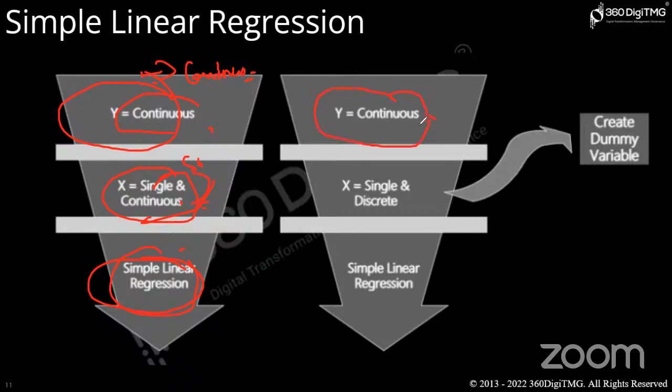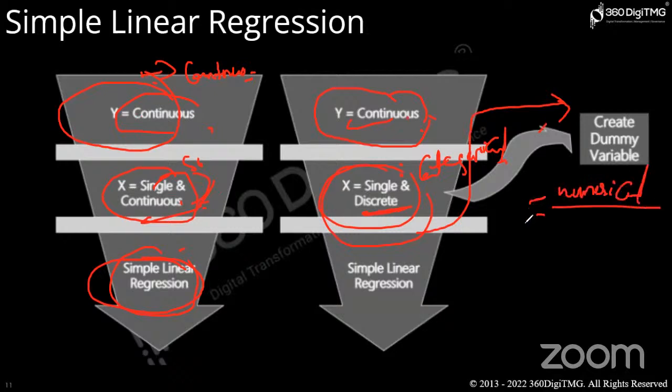And when it comes to the same case, but we have discrete as an input: Y is continuous, and X is single and discrete. Discrete means categorical. In that case, what you have to do is convert that into numerical using dummy variables or some other encoding techniques.